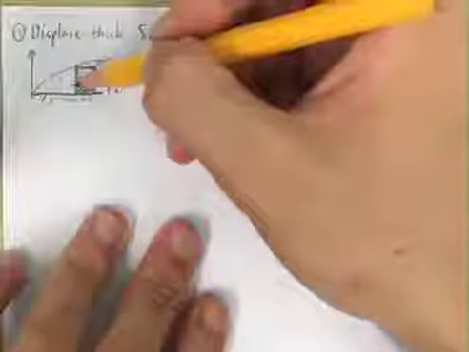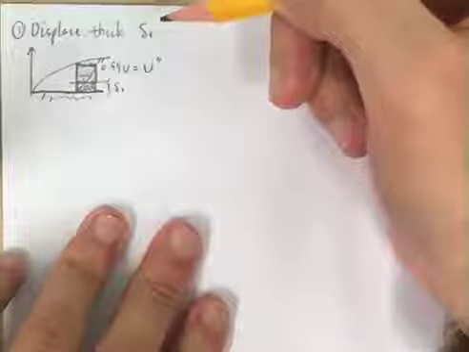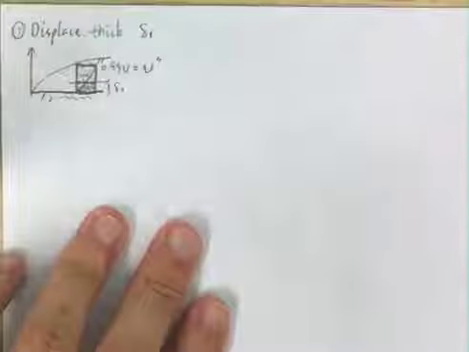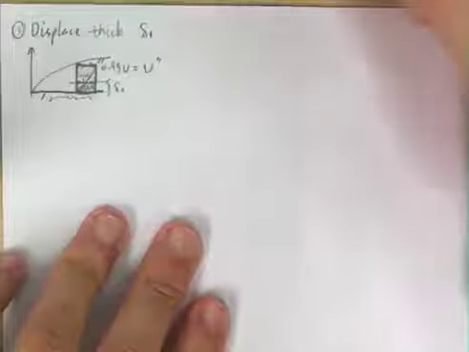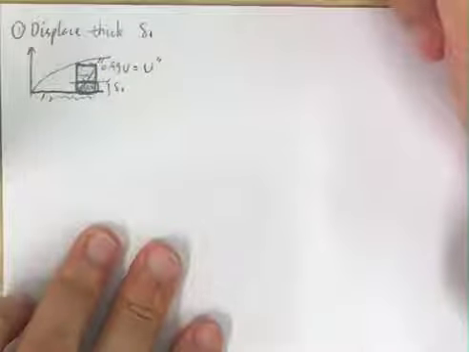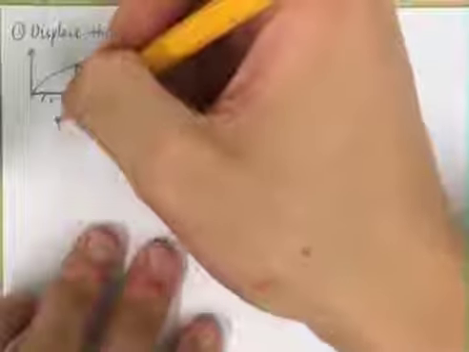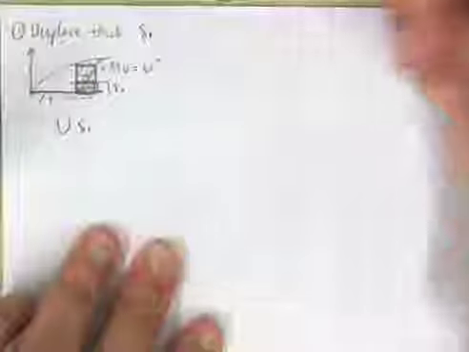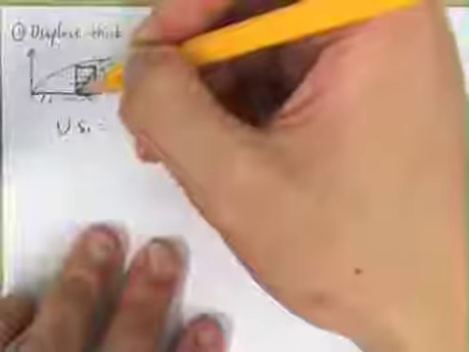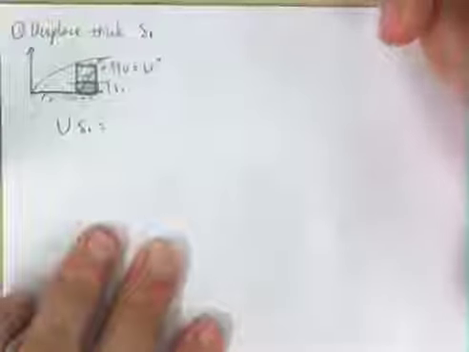We get that this rectangle should be equal to the area of this part, right? We can calculate them separately. First, this rectangle. The area of this rectangle is what? U times delta 1, right? U times delta 1.